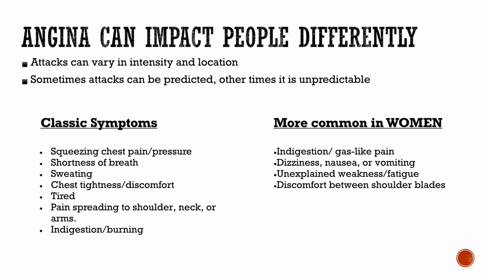Some people can have shortness of breath with that or as a symptom alone. Sweating, chest tightness and discomfort, a general tiredness, pain that spreads across the shoulder blades or up into the neck or arms, indigestion, burning or gas-like pains, dizziness, nausea, or vomiting, just general weakness and fatigue.